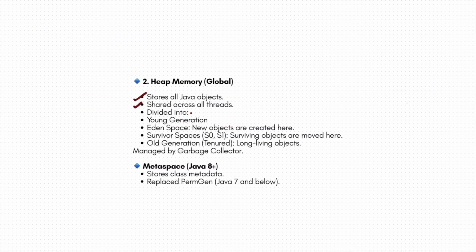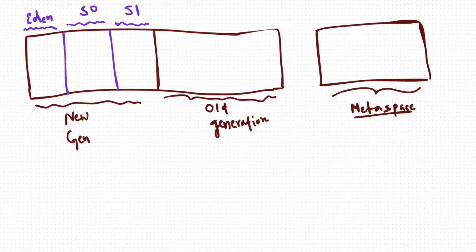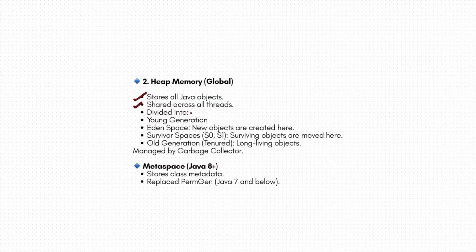This is how it looks. I will tell you what every part does, what objects go in, and how the garbage collector runs. This is our young generation, this is our Eden space, this is our survivor space, S0 and S1, and we have our old generation as well. And then we have metaspace.